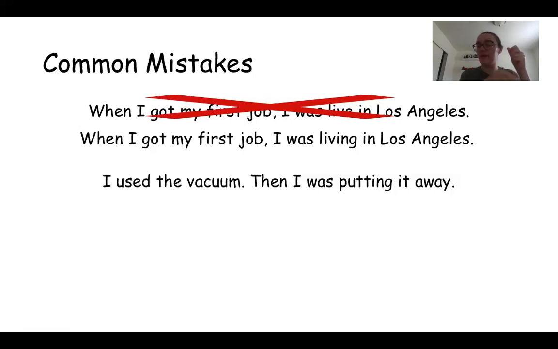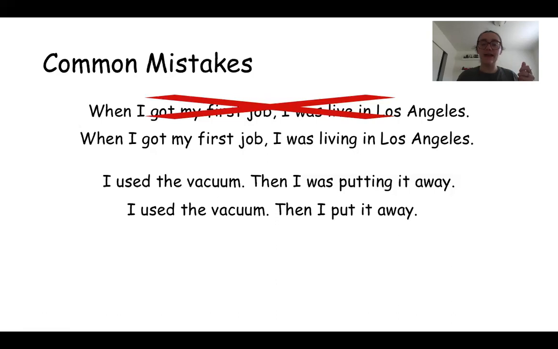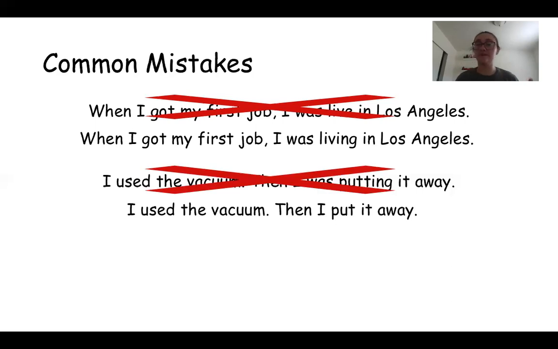You were doing the action. But you need to say, I used the vacuum, then I put it away, because it's something that you completed. It's something that you finished, right? I used the vacuum, then I put it away. That's the correct one.